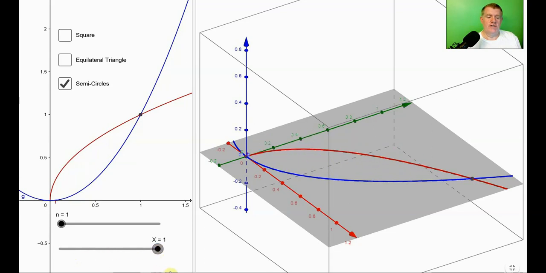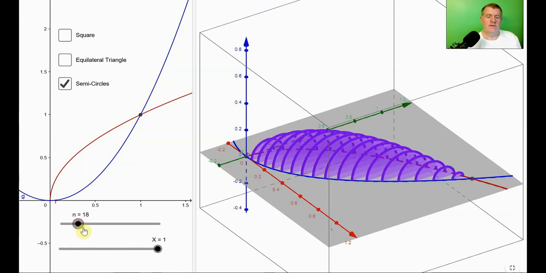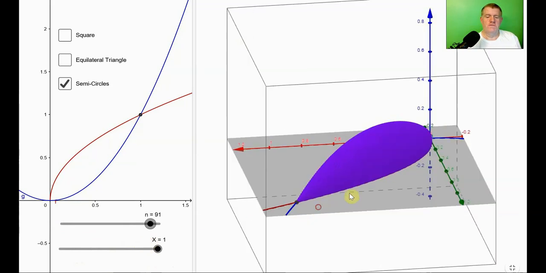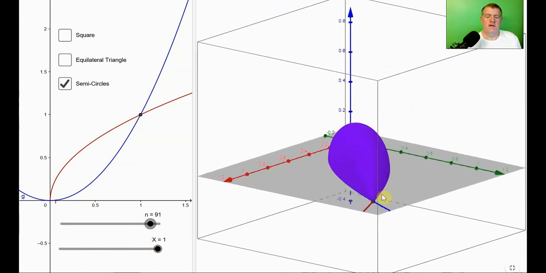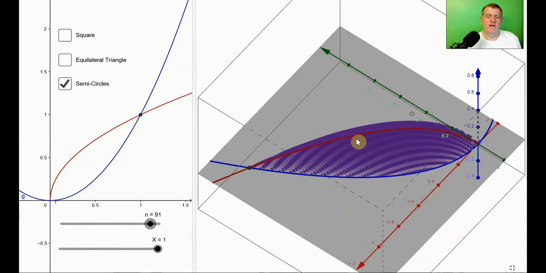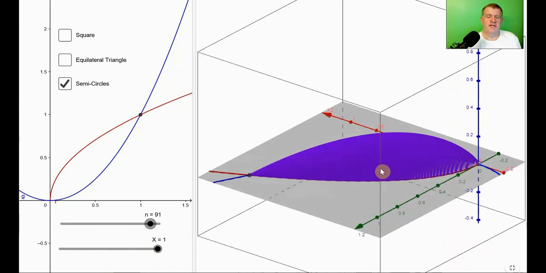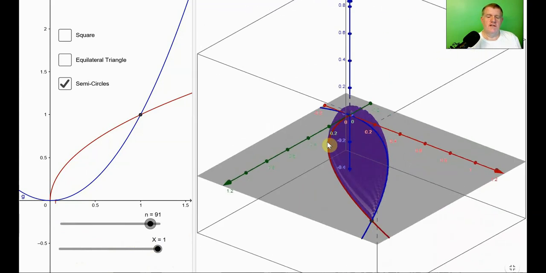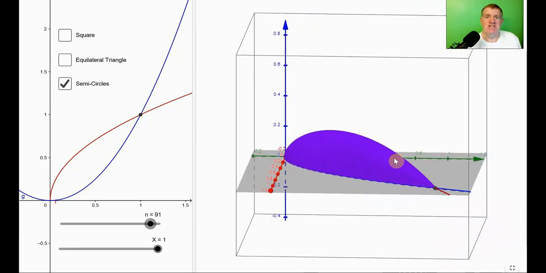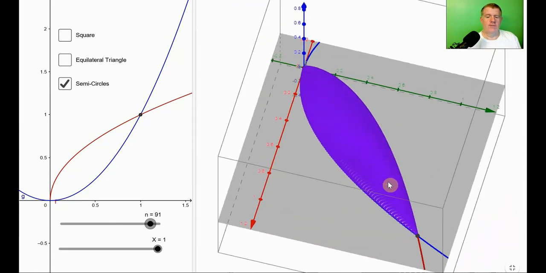Well, let's take a look. If I throw a whole bunch of semicircles in there, it almost looks like maybe a canoe. We turn it upside down and look at that part. Well, I guess I can't turn it upside down. That's the limit of what I can rotate. Not a very good canoe because it's solid. I mean, that's a solid piece there. There's nothing carved out. But that's what that shape looks like.